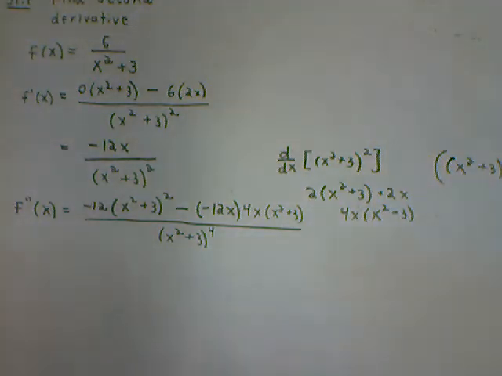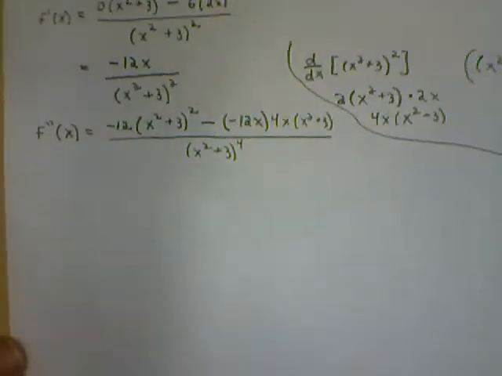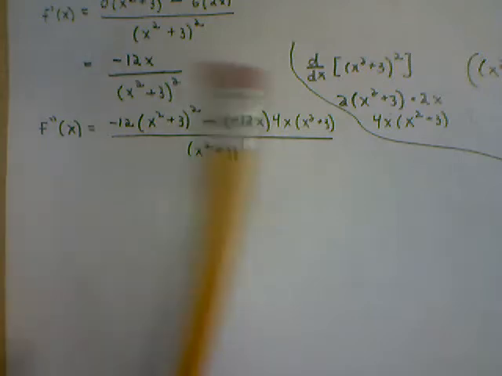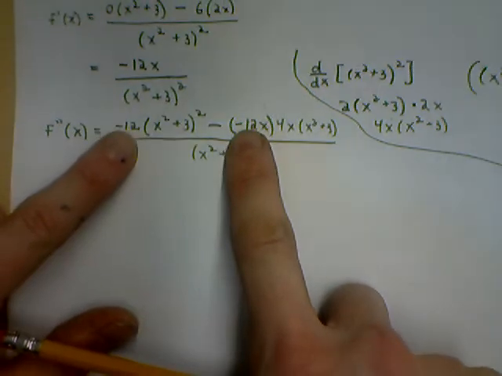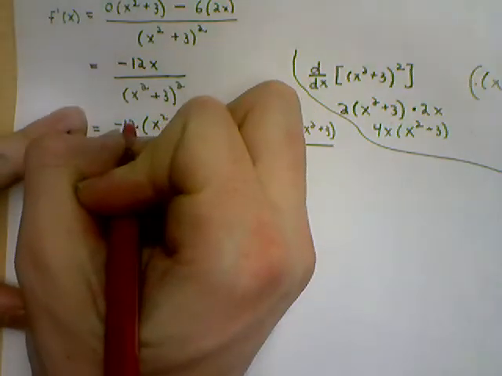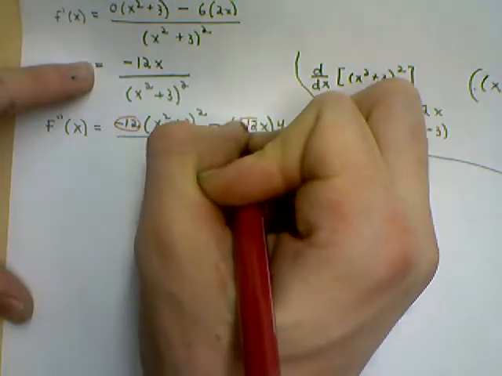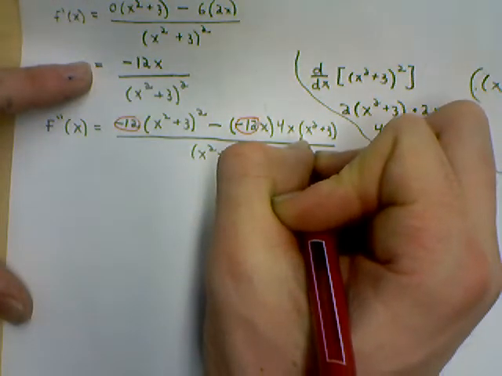So what I can do in the numerator is try and factor out a greatest common factor. I see that both terms have a negative 12 in common. I see that both terms have an x squared plus 3 in common.